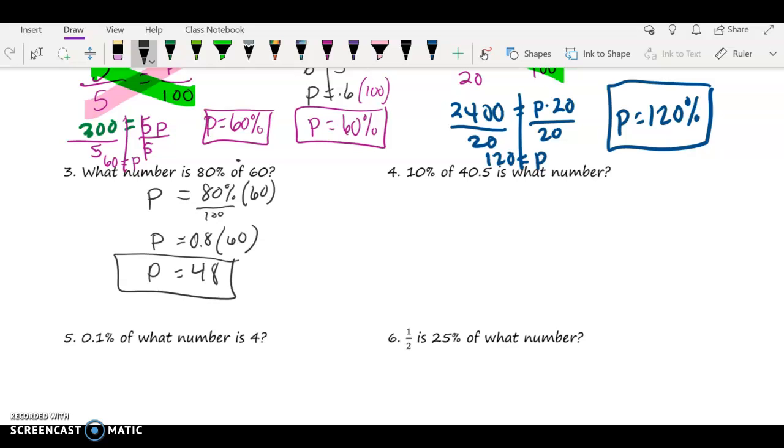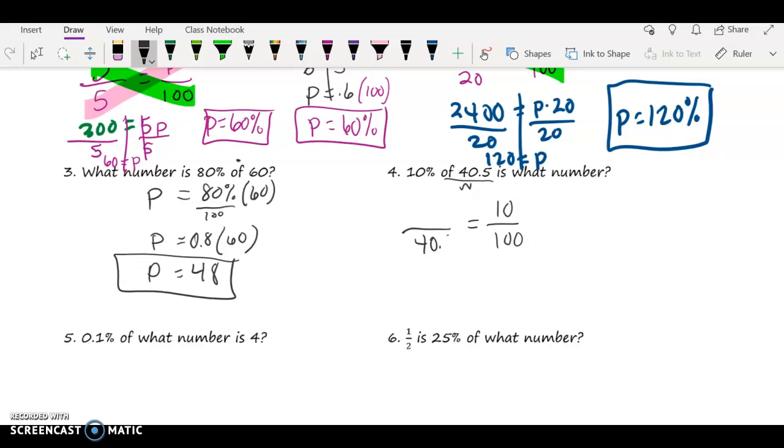For number 4, we're going to use the proportions method just to show you. And so if you used a different method, that's okay. So we have 10% of, so we know our percent, so 10 out of 100 of 40.5. Of is always next to our whole, so this is our whole.